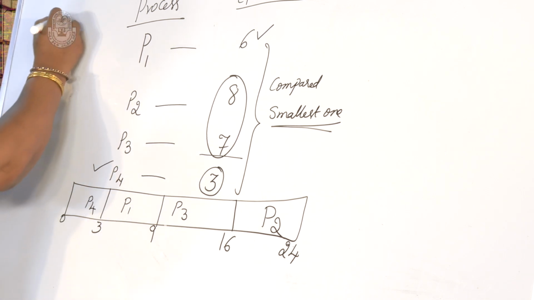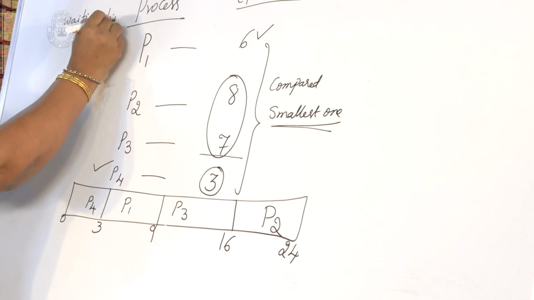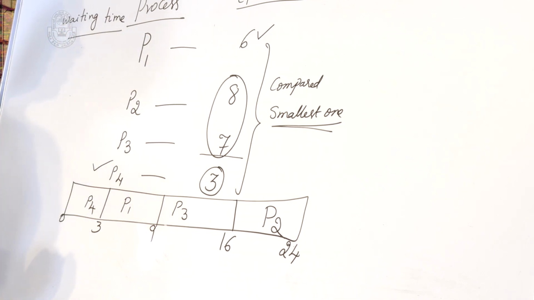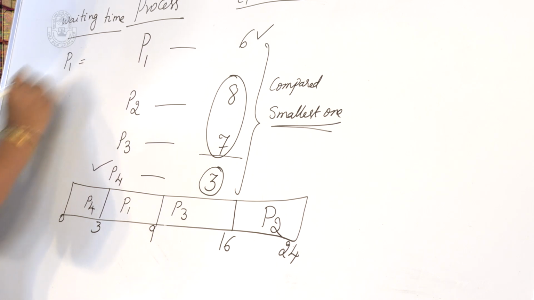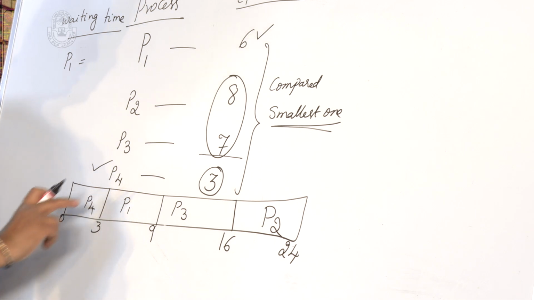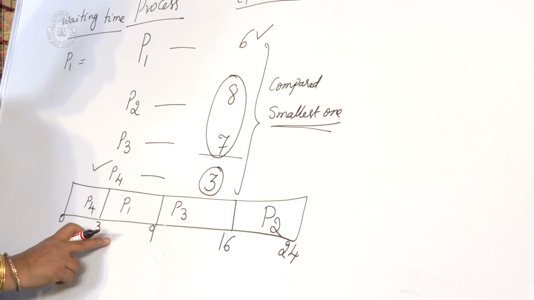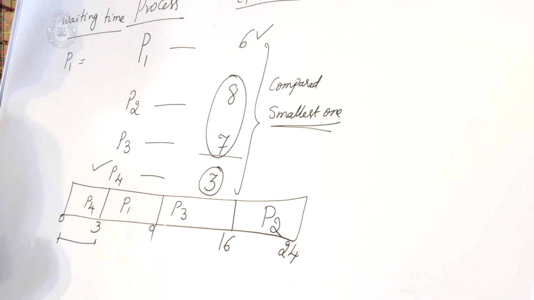Now find out the waiting time. If we calculate for P1, how much? P1 is executed after P4, so till the 3rd millisecond it should wait.